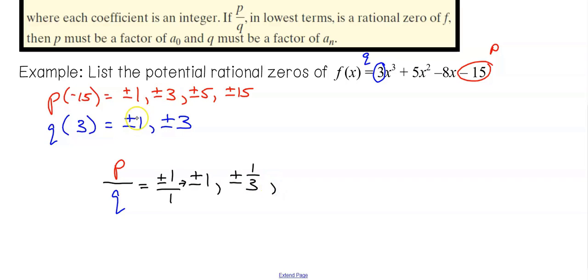And then you're going to do this for each of the factors. So on the next one, 3 divided by 1 is 3, so plus or minus 3. 3 divided by 3 is 1, and we already have plus or minus 1 listed. So that means we don't need to list it a second time.